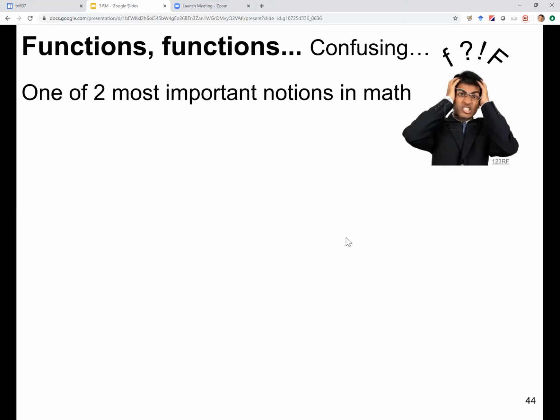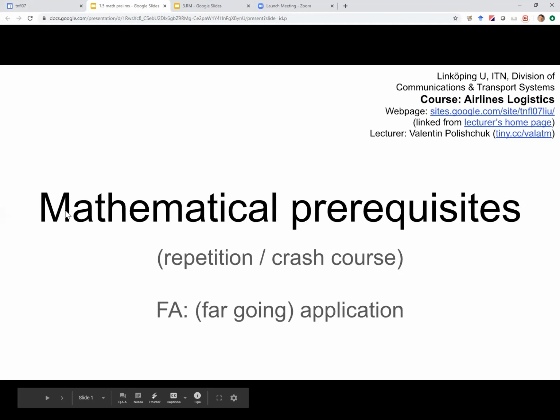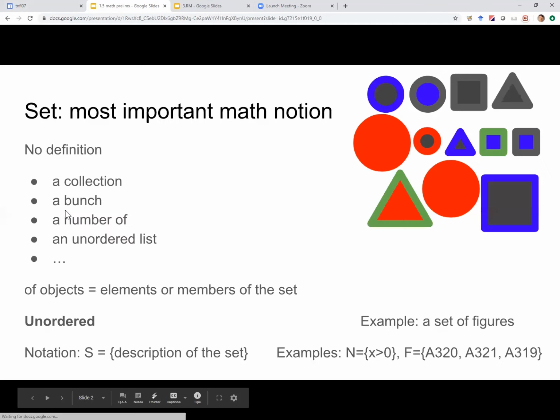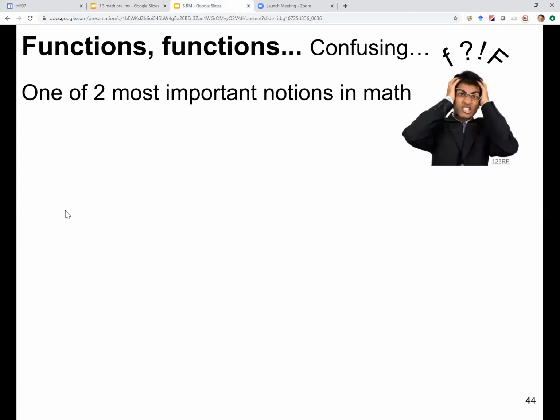So that's even more basic. And I guess you might have seen it in the mathematical prelims lecture, which I put as lecture 0. Yes, a set, most important math notion. And the second most important mathematical notion is the notion of the function.